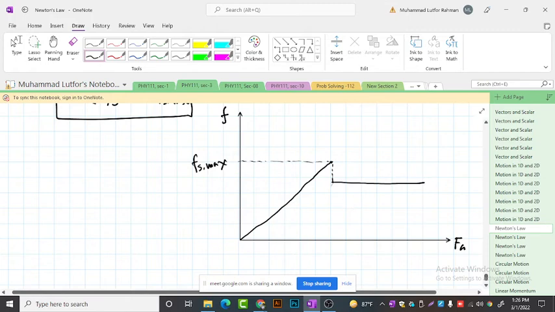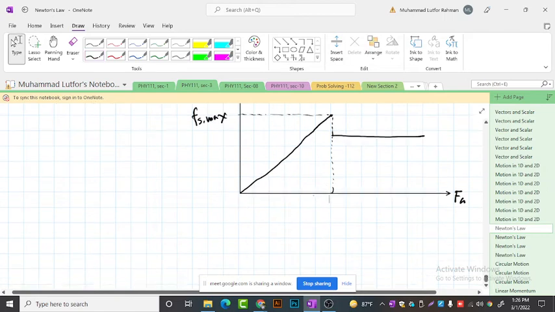So that's why I can categorize two regions. One is this region where the system is at rest, and in that case the applied force is less than Fs max, so the system will be stationary.